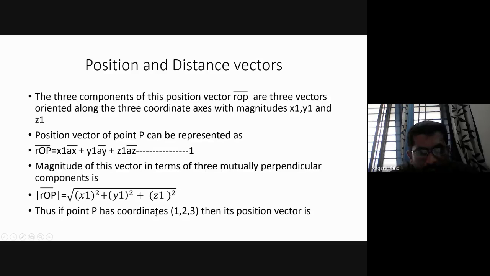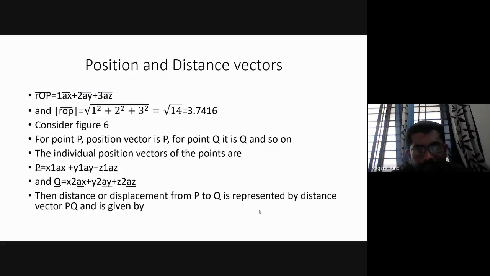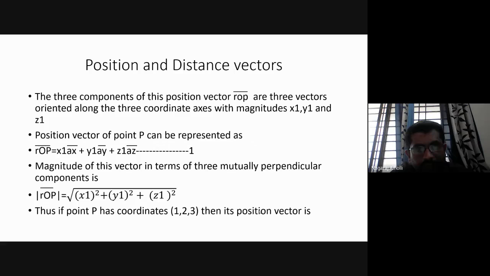If the point P has the coordinates 1, 2, 3, then what will be its position vector? Can anybody tell me? If the coordinates are 1, 2 and 3, x is 1, y is 2 and z is 3.